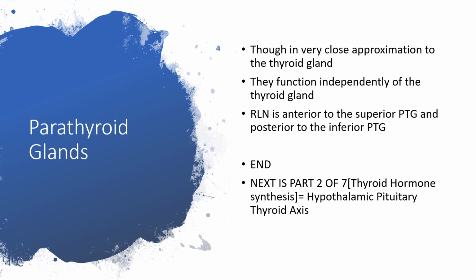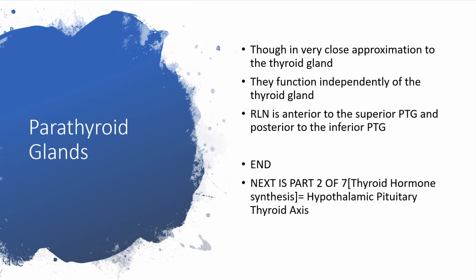today. The next is going to be part 2 of 7, and that will be about thyroid hormone synthesis. I believe very strongly that you'll be interested in knowing how thyroid hormones T3, T4, or recombinant T3 are being synthesized with the aid of iodine or not, and how they are being released into the circulatory system.